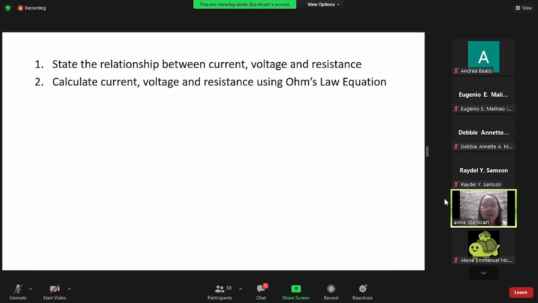These are the specific objectives of our class this morning.